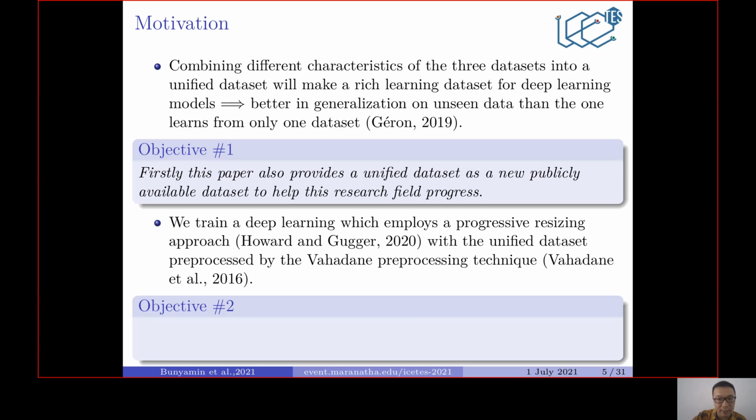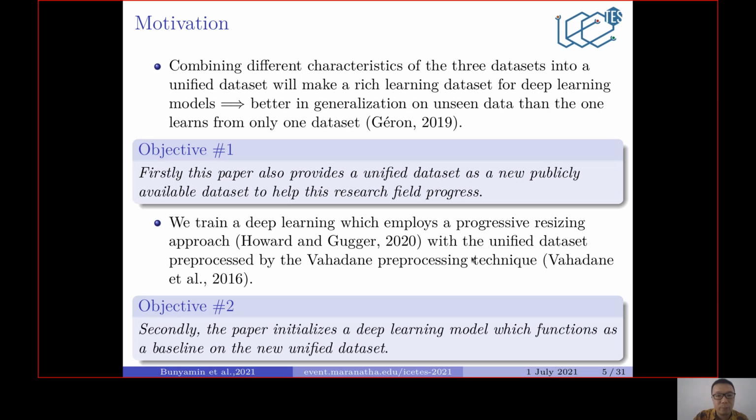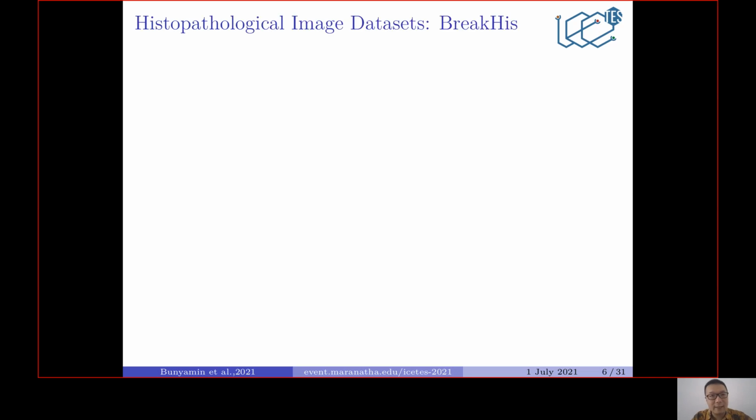And we also would like to train deep learning models using the state-of-the-art technique named Progressive Resizing Approach, with the help of a state-of-the-art pre-processing technique, fast.ai. Then this model will serve as a baseline.